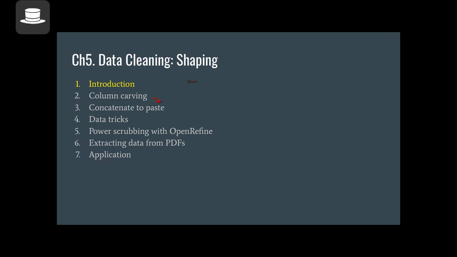Then we'll talk about some specific data tricks, things that will help you play with the Excel file, especially in shaping your data. It is important to understand that when we talk about these things, we'll use Excel, and we'll talk about different cleaning methods by using Excel in a very raw way.